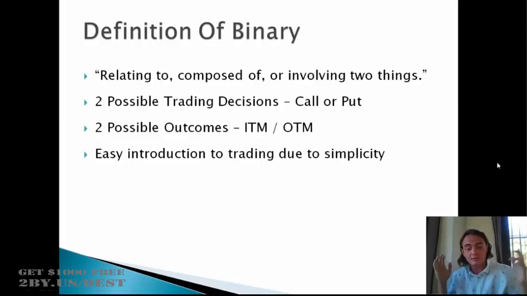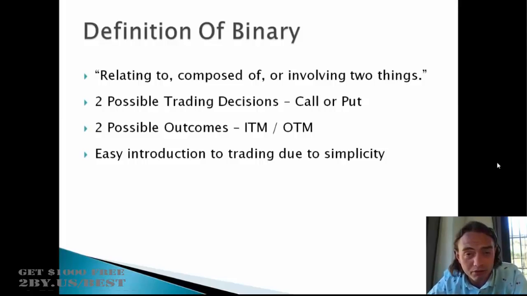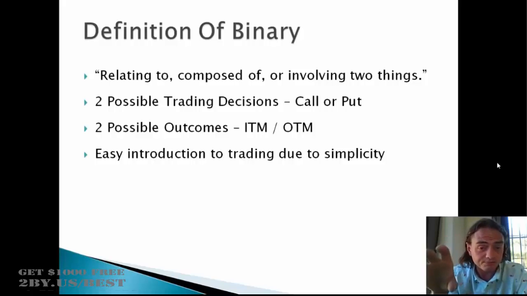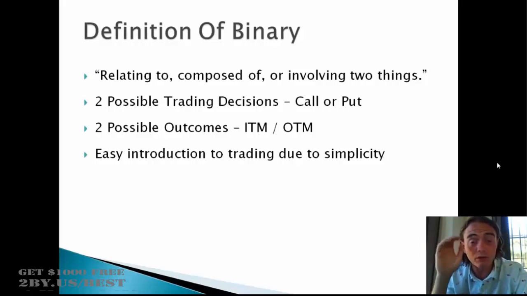Okay, big reason people go for binary options. It's simple to get started with. You don't have to worry about things like leverage. Everything's there in front of you. How much you're going to make. Obviously, you know how much you're going to lose if you're wrong. But it's very clearly stated, the return and how long the trade is going to last.